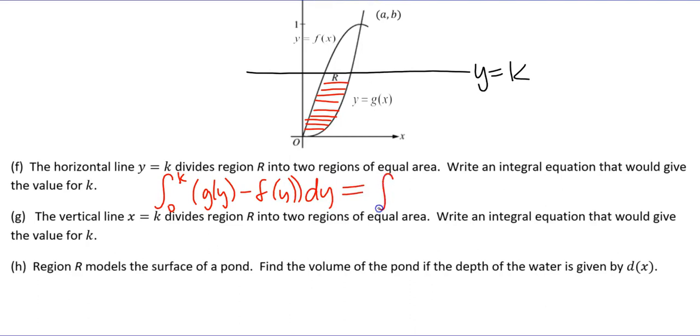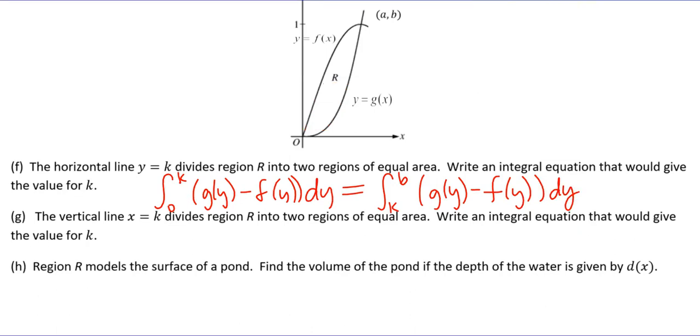And so that area, that's the infinite sum from y equals k to y equals b, and still right minus left dy.